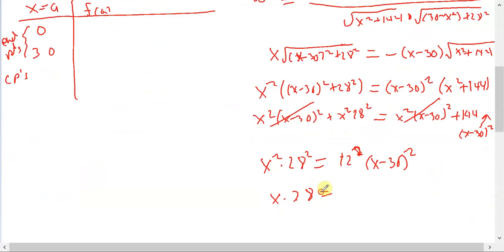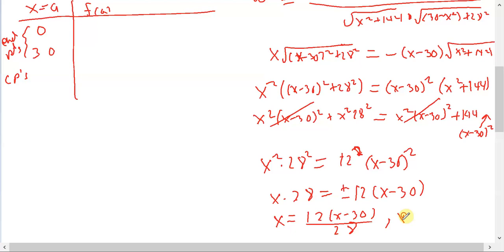and get x times 28 is plus or minus 12 times (x minus 30). And solving this, I get that x is equal to 12 times (x minus 30) over 28, or x is equal to negative 12 times (x minus 30) over 28.